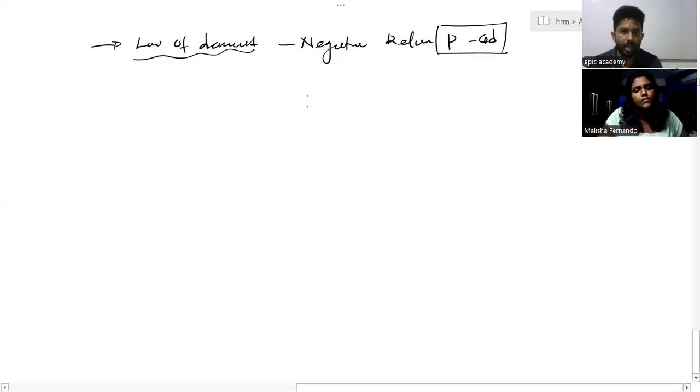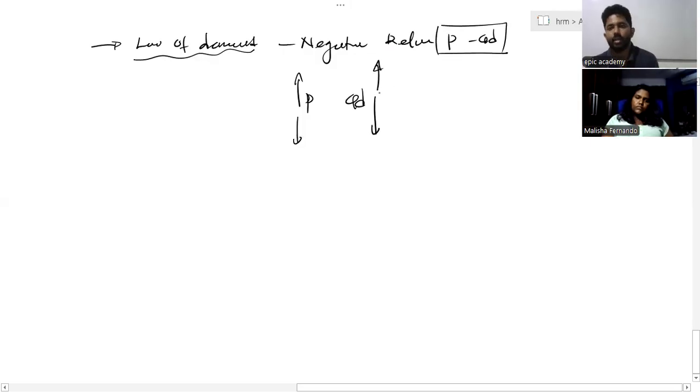Okay, when price increases, the quantity demand of the certain commodity is going to be reduced. When the price decreases, the quantity demand of the commodity can be increased. So this is the negative relationship. We call it inverse relationship. It's not a positive.